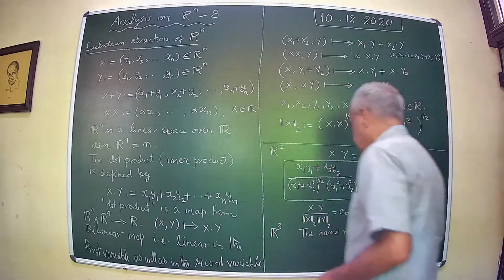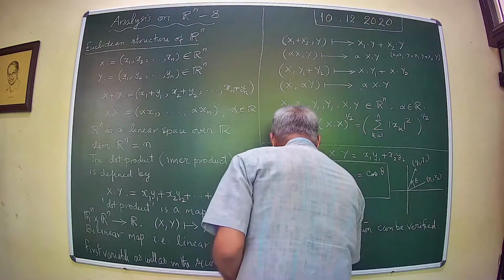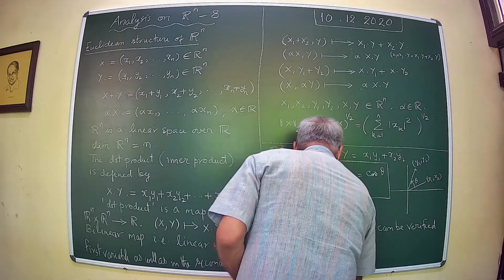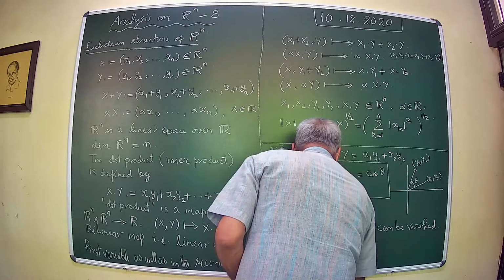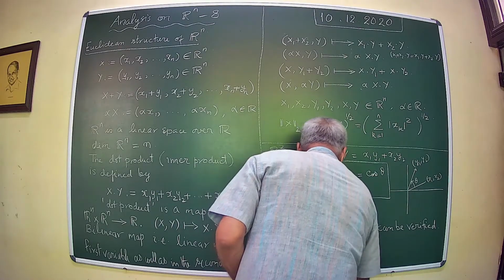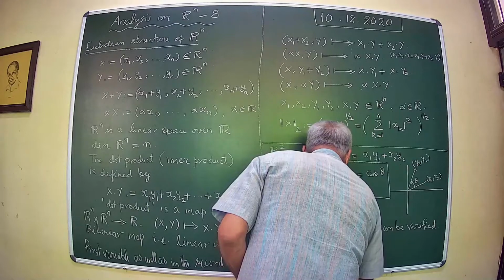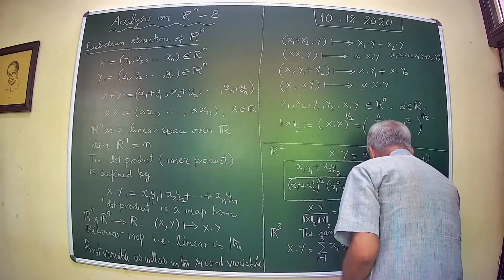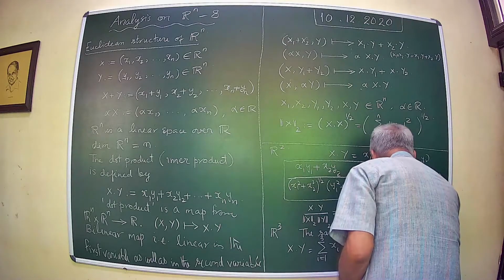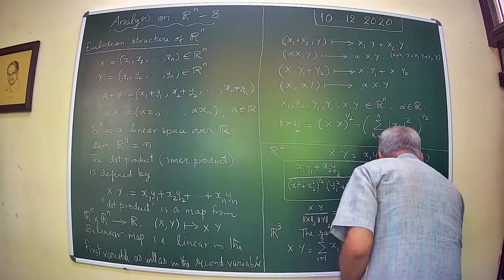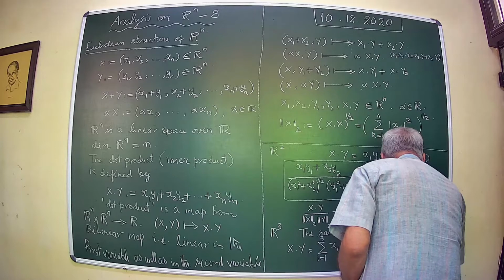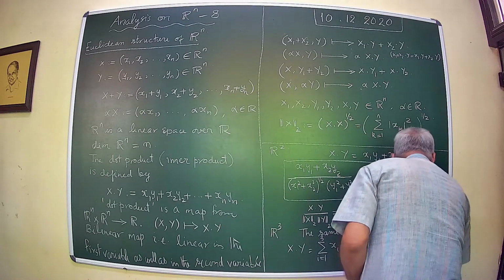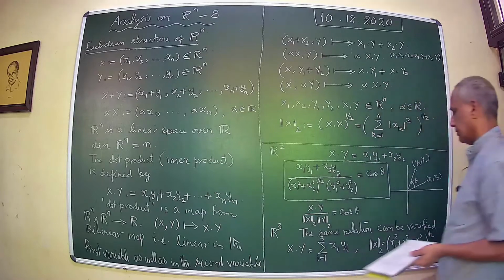Because what you have is this: x dot y equal to sigma i equal to 1 to 3, xi yi. And the norm of x, that is the length of the vector.